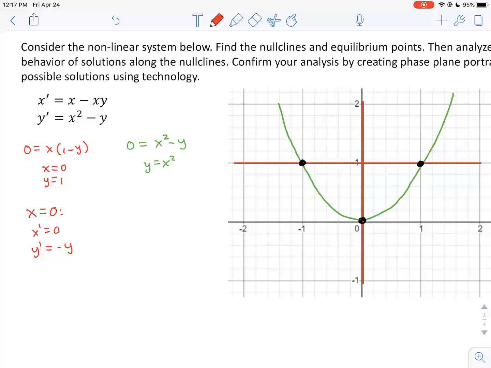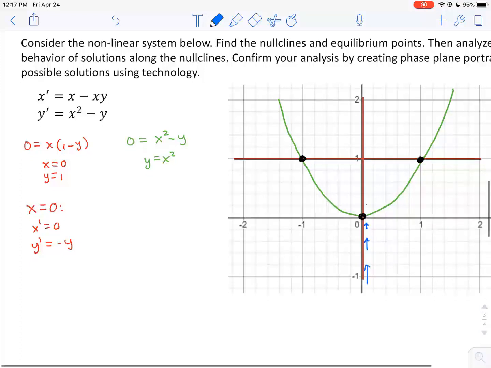So if y is negative and small, then y prime will be positive and small, so y will be increasing. So if we're down here, y will be increasing, but not much, and the further down you go, y will increase more and more towards that equilibrium. Whereas if you go above, it'll decrease a little bit at first, and then more and more rapidly the higher up you go. It'll decrease down towards that equilibrium.